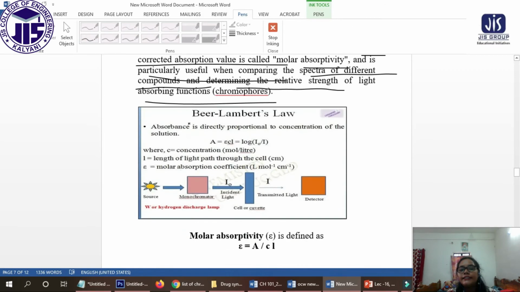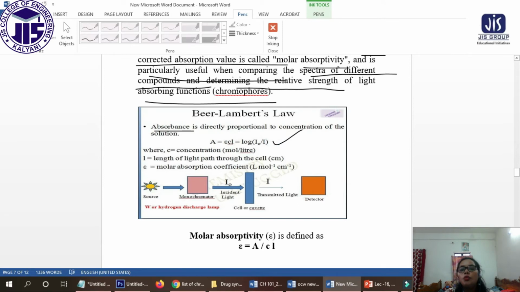So this is the Lambert-Beer's law, from which we can get an idea of the absorbance. According to this law, absorbance is directly proportional to the concentration of the solution, that is A equals epsilon Cl, which equals log I0 by I. This equation is very important.